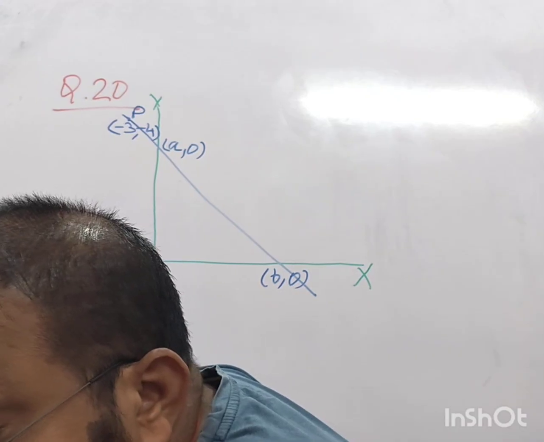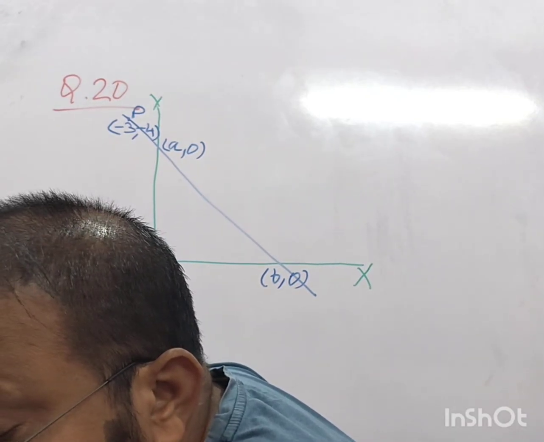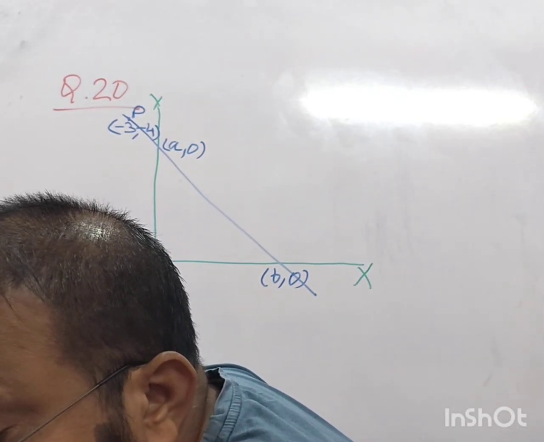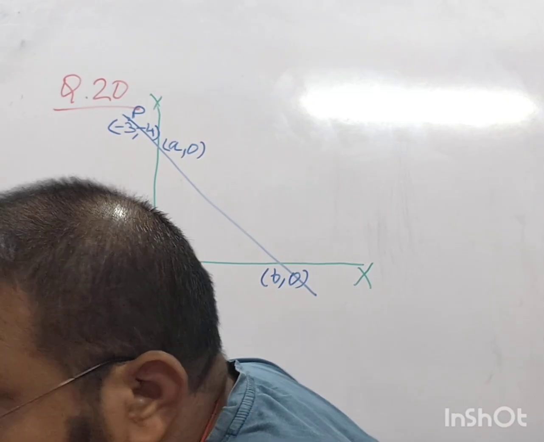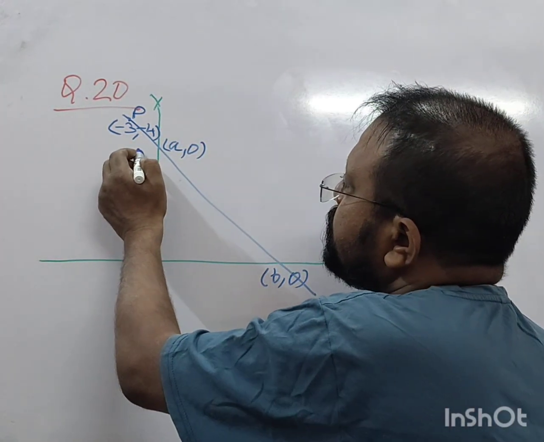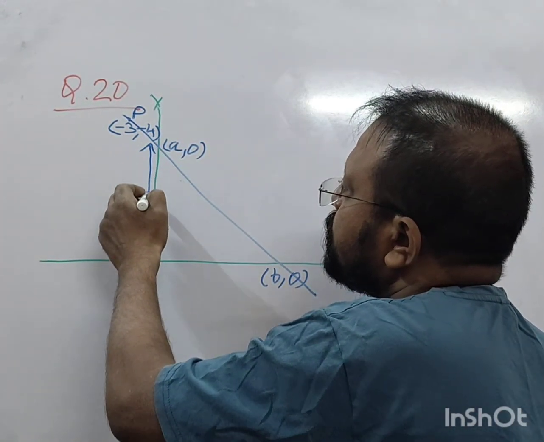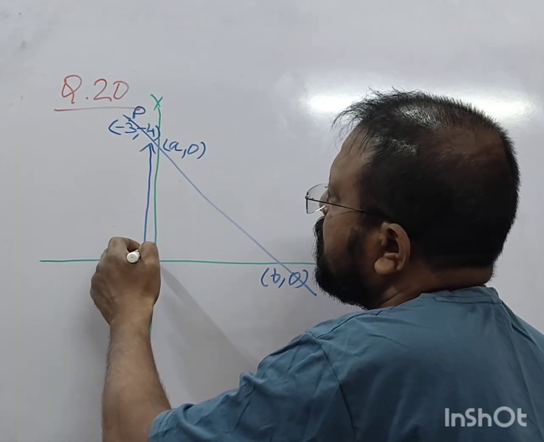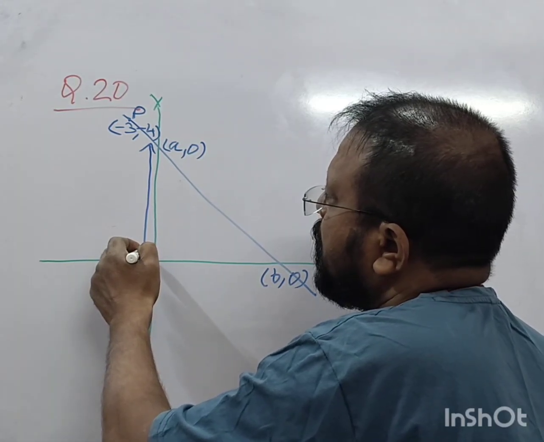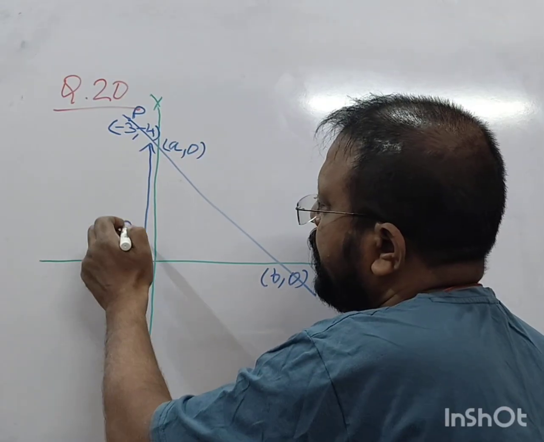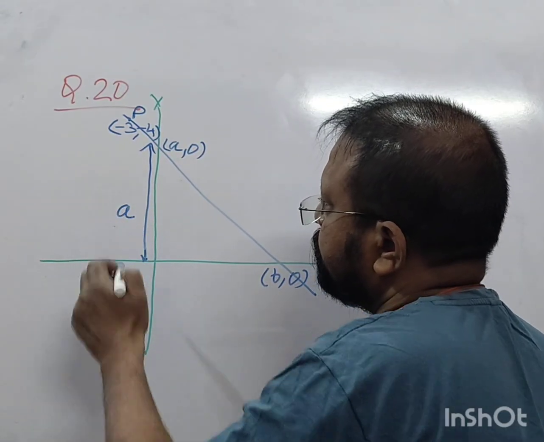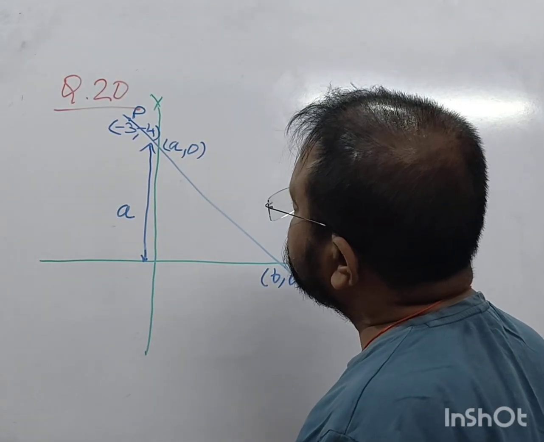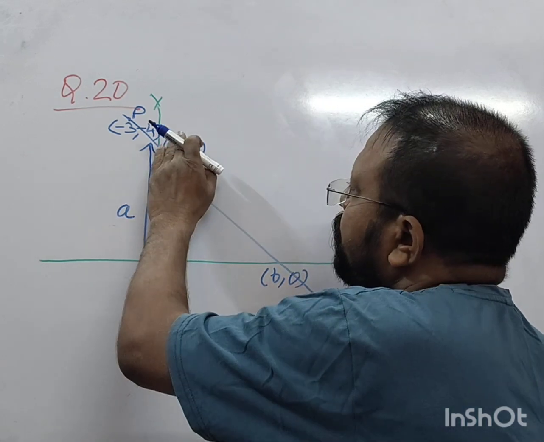A straight line makes positive intercepts on the coordinate axes whose sum is, meaning the sum of these two. I wrote wrong.